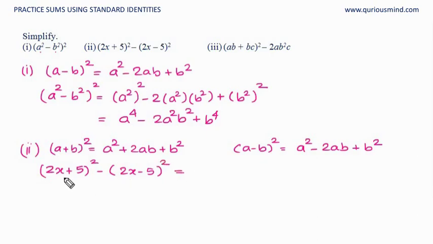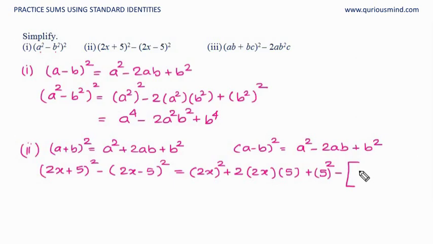That is equal to. First we'll use identity 1 here. So that is a square plus 2ab plus b square. a is 2x. So that is our first term we have written here. Then the second term minus here. And I'm going to put one bracket so that this minus is properly applied to each of the terms.